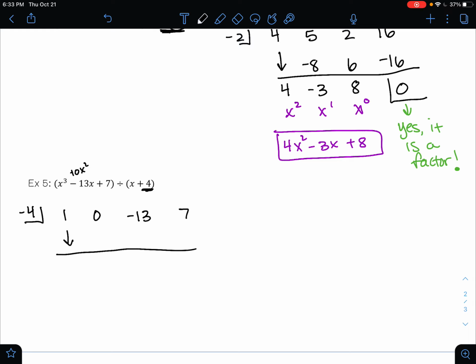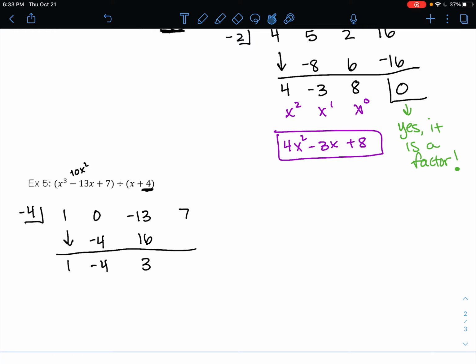And so we're going to bring down the first term. Negative 4 times 1 is negative 4. 0 plus negative 4 is negative 4. Negative 4 times negative 4 is positive 16. Negative 13 plus 16 is 3.